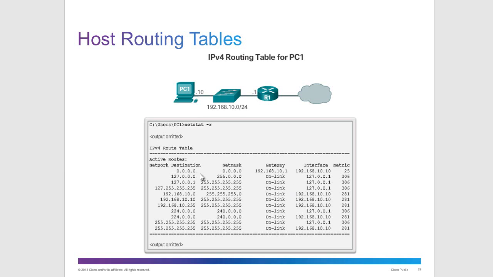That 0.0.0.0 basically means anything else can go to the default gateway. So you've got a network destination, your subnet mask, the gateway to get to said destination, the interface that goes out, and the metric over on the right.